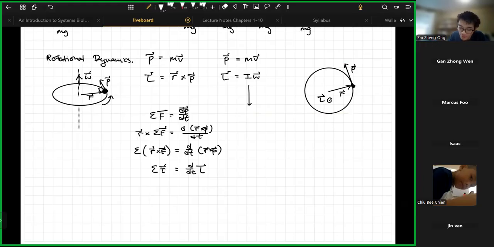So this is what we call the moment of inertia, and it's basically just mass. It's basically just mass, but there are a few nuances to this.